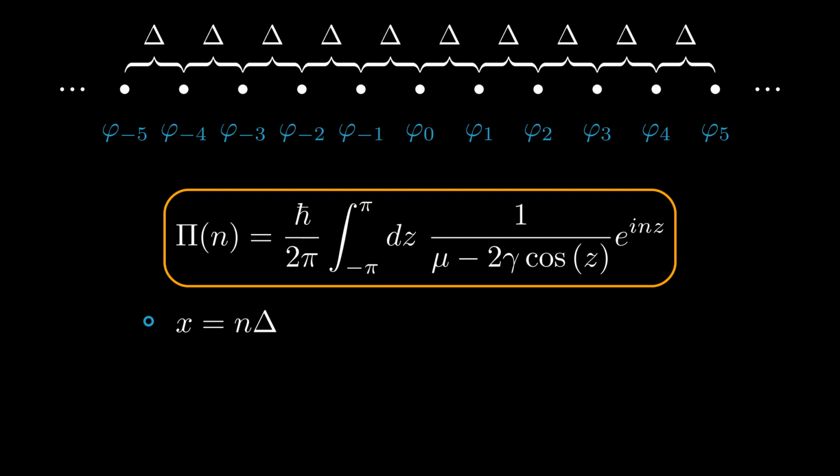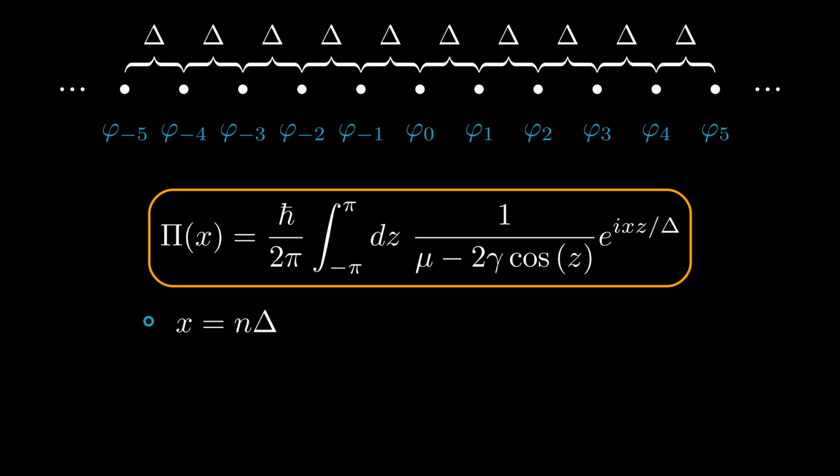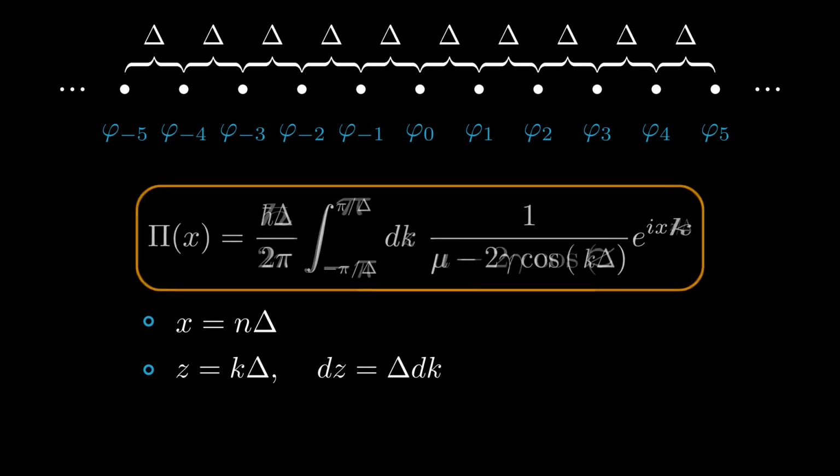We can thus replace all n's in our equation of the propagator with x over delta. Now, since the exponential ought to be unitless, let us also rewrite z as k times delta. Replacing z with k times delta and replacing the integrand dz with dk times delta, we obtain the following.